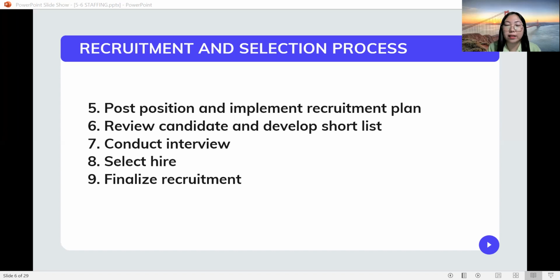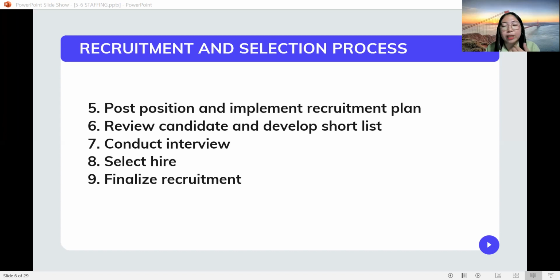Also, the salary and the start date was also included. So it is important that each recruitment is properly closed, including doon sa mga notification of those interviewed and not selected, as well as all the documentation associated with the recruitment.